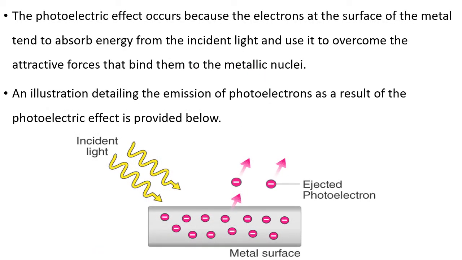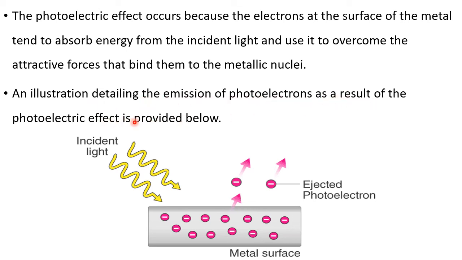The photoelectric effect occurs because the electrons at the surface of the metal tend to absorb energy from the incident light and use it to overcome the attractive forces that bind them to the metallic nuclei. An illustration detailing the emission of photoelectrons as a result of the photoelectric effect is provided here.